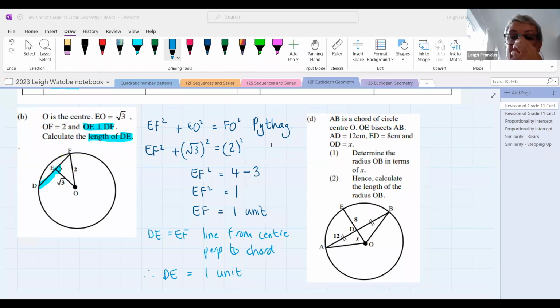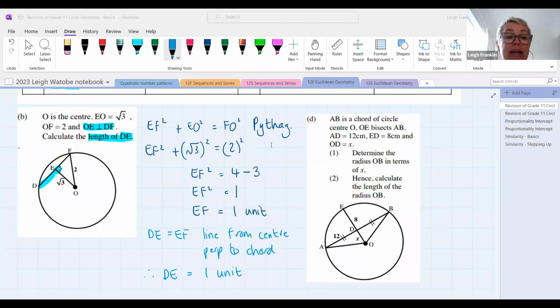It's going to give you the same answer, but you are not supposed to be doing any constructions. The only time that you do constructions in geometry in CAPS is when you are proving a theorem. If you did do that, you would have to say that you have joined O to D, and that OD is a radius, and therefore, because radii are equal, OD is also equal to 2.